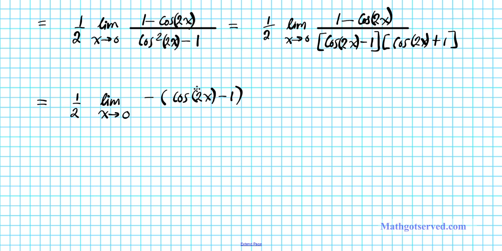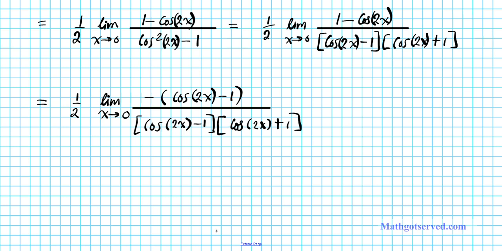So I reversed the order in the numerator so you can match one of the factors in the denominator. So I'll have in the denominator cosine 2x minus 1 times cosine 2x plus 1. Now these two are identical, so these two cancel out.